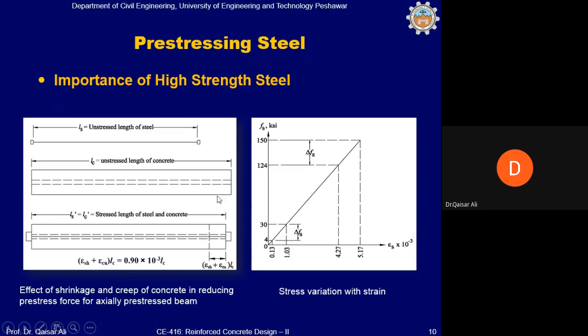Since they are bonded, the steel will tend to regain its original length, but it will not be possible for the steel to regain its original length due to the bond between steel and concrete. And when steel tends to regain its original length, it will keep on compressing concrete. So in this manner, a pre-compression state of stress will be produced in the concrete. I hope this is clear. If not, you can ask a question.